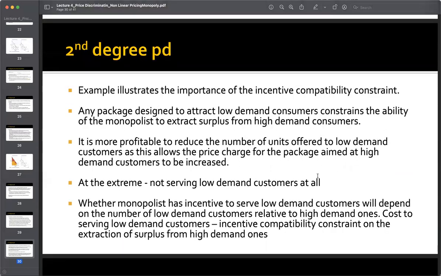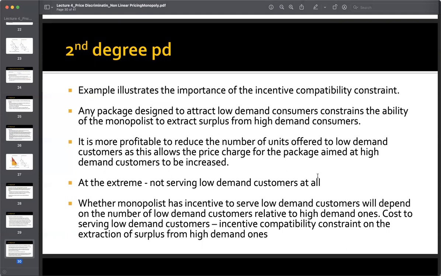So this example illustrates the importance of the incentive compatibility constraint. Any package designed to attract low demand consumers constrains the ability of the monopolist to extract surplus from high demand consumers. It's more profitable to reduce the number of units offered to low demand consumers, as this allows the price charged for the package aimed at high demand consumers to be increased.